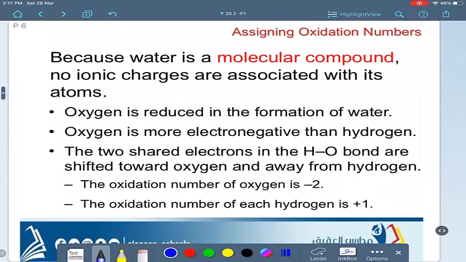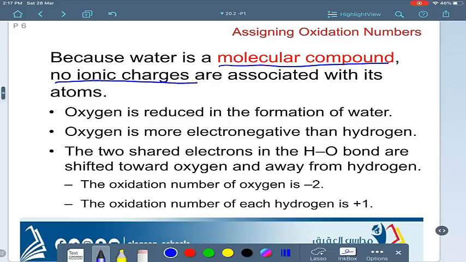So the oxidation number is the same as the charge of the ions in an ionic compound. What about a molecular compound? If you have a molecular compound, you know no ionic charge is here. You remember oxygen, we studied that before in the previous lesson. Oxygen is reduced in the water and it's an oxidizing agent, remember that?